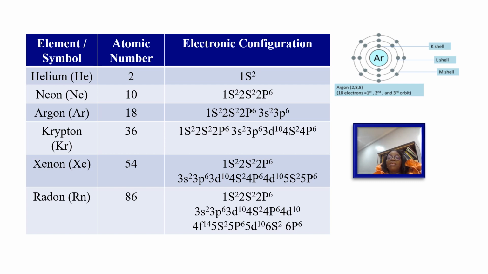And the next electrons will go into the 3s2 orbital, and the other 6 remaining will go into the 3p orbital. So the electronic configuration for argon can be written as 1s2, 2s2, 2p6, 3s2, and 3p6. It can also be written as 2, 8, 8.